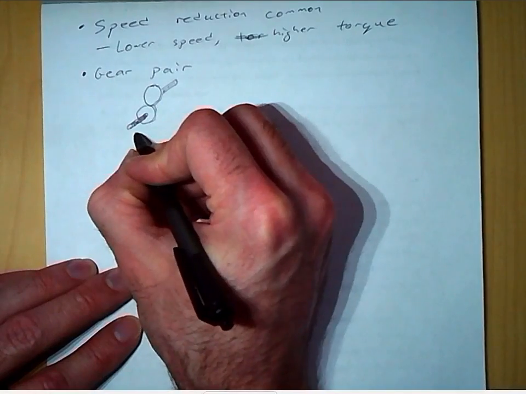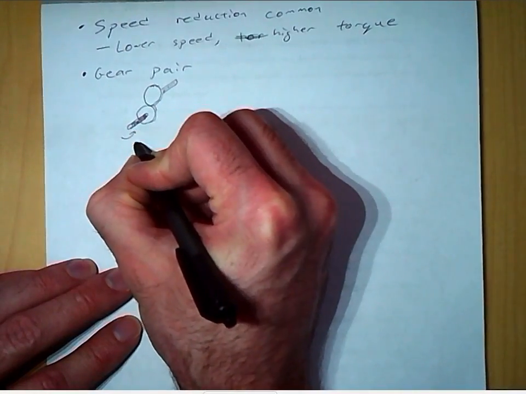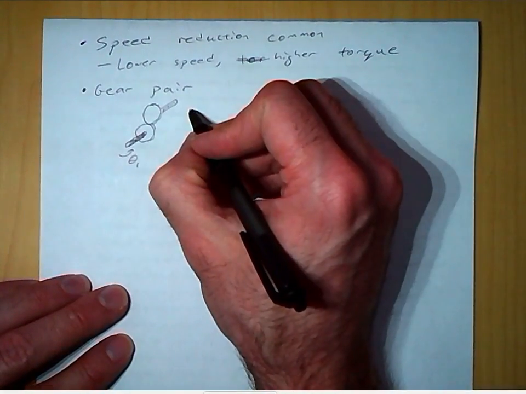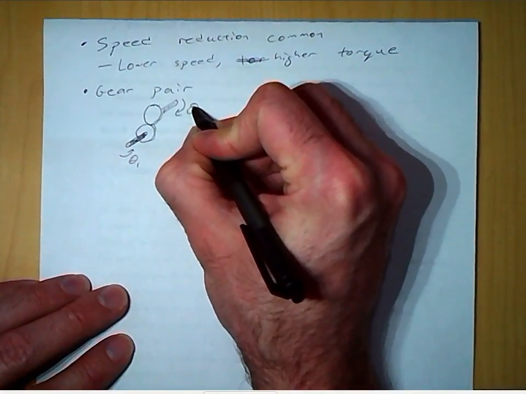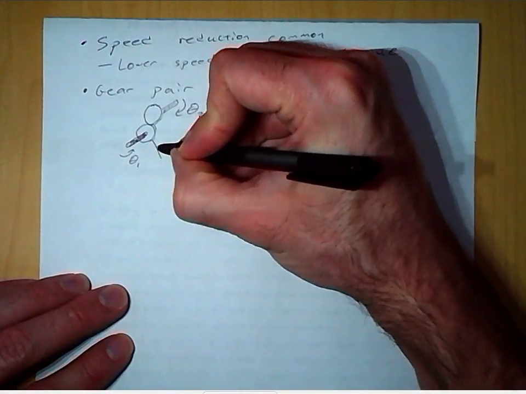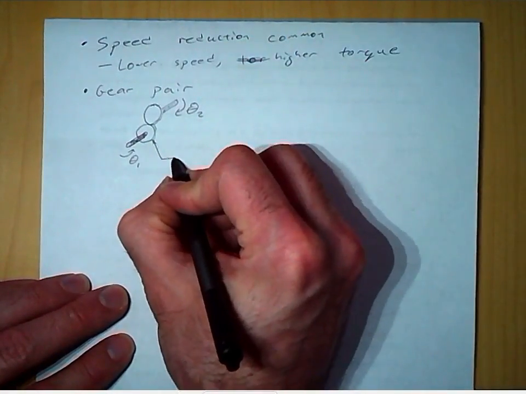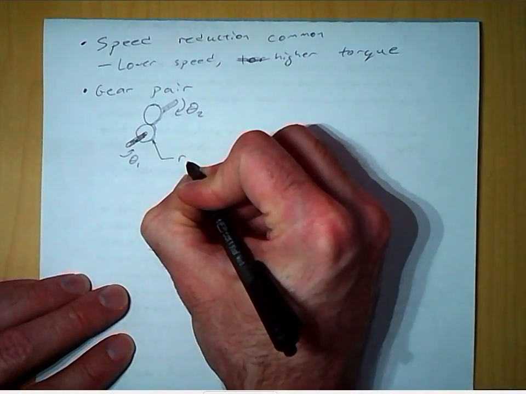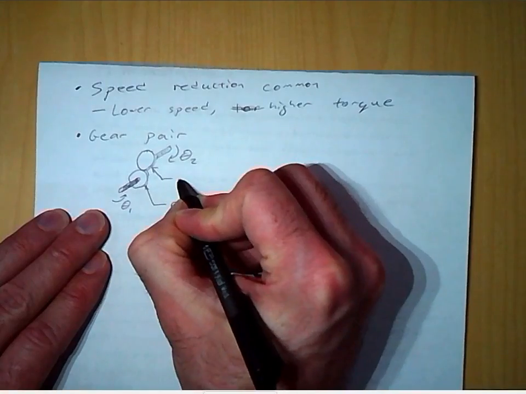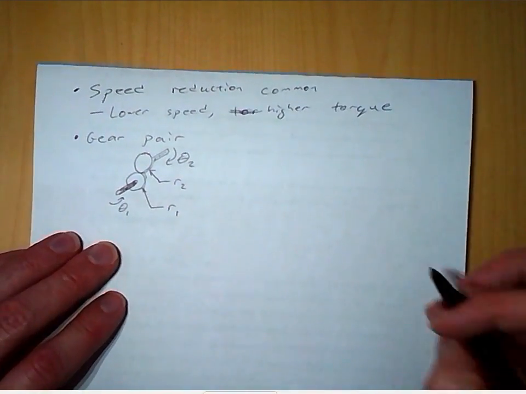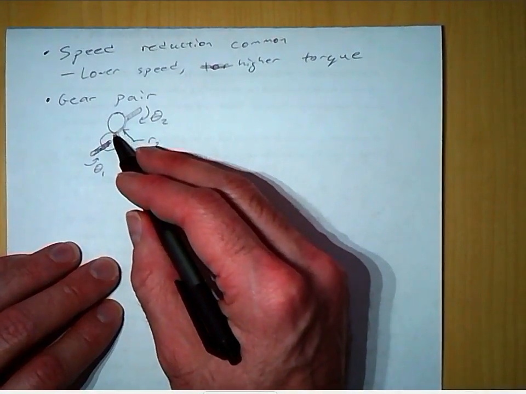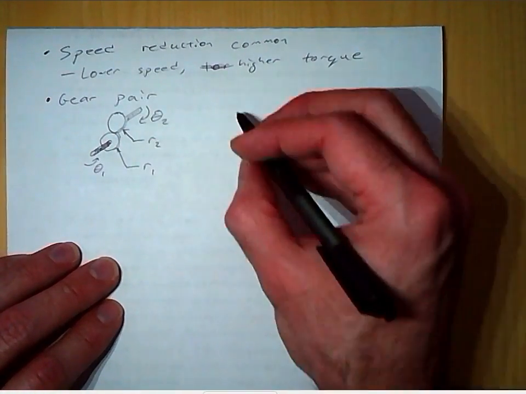The input gear rotates with displacement theta 1, and the output gear rotates with displacement theta 2. The two gears have different sizes, so the radius of the first gear we'll call R1, and the radius of the second gear R2.